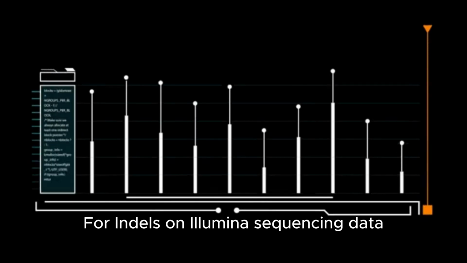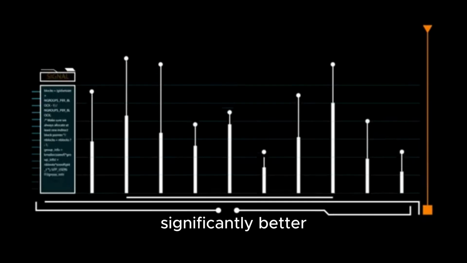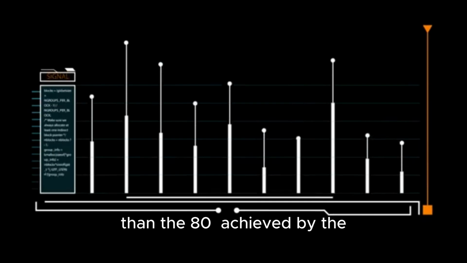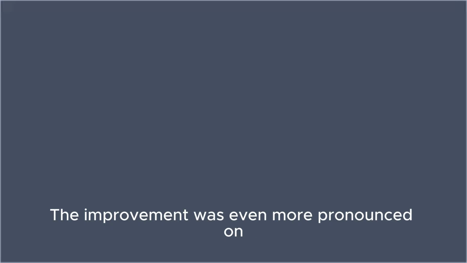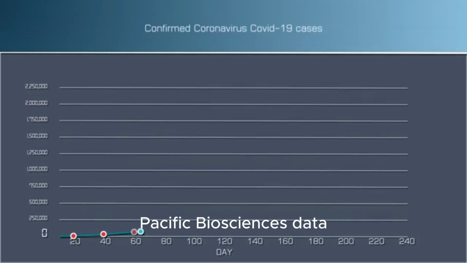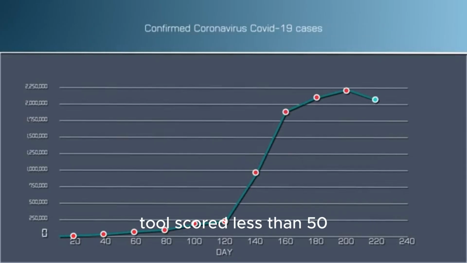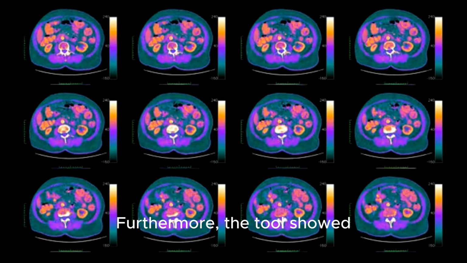For indels on Illumina sequencing data, DeepSomatic achieved a 90% F1 score, significantly better than the 80% achieved by the next best method. The improvement was even more pronounced on Pacific Biosciences data, where DeepSomatic scored over 80%, while the next best tool scored less than 50%. Furthermore, the tool showed utility even when analyzing challenging or lower quality samples.